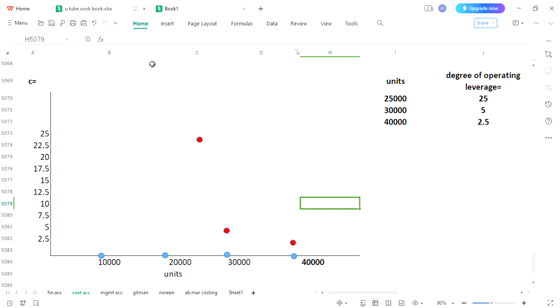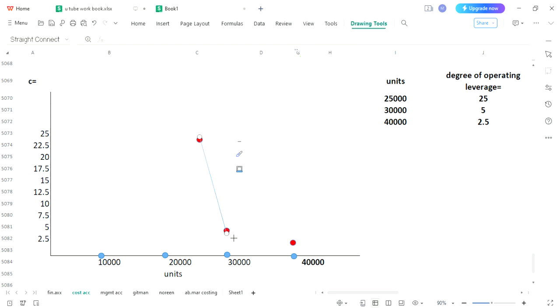Now it's time to match all these 3 points, for which a straight line is needed, and we will take it from here. So first line, that would be from the first point to this point.